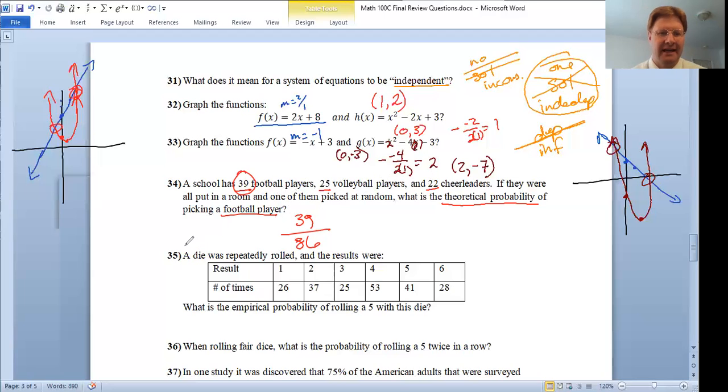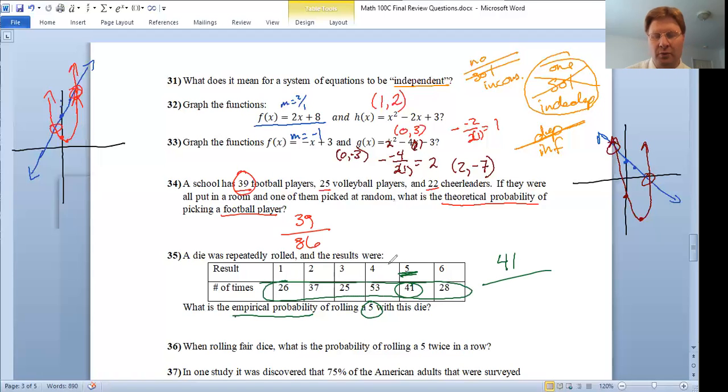All right, number 35. A die was repeatedly rolled and the results were this. What is the empirical probability of rolling a 5? Okay, we got a 5, it happened 41 times. So it's going to be 41 out of, what's the total?